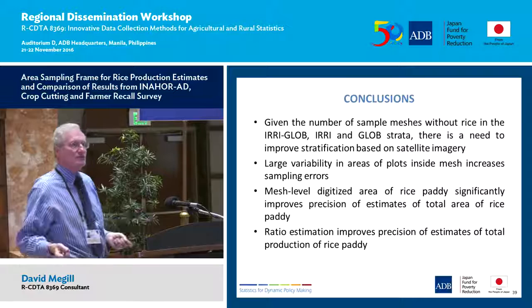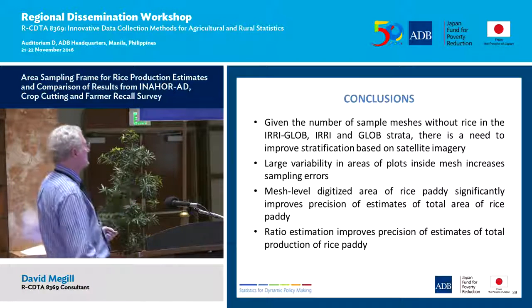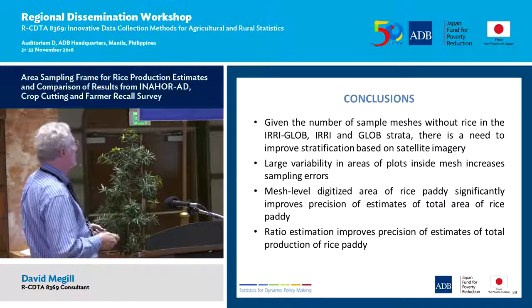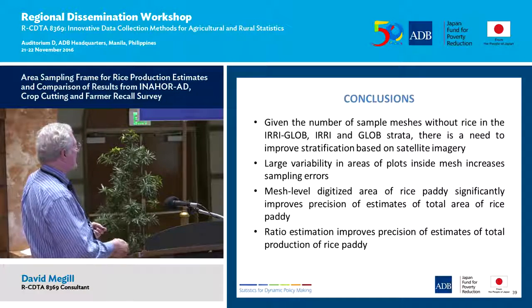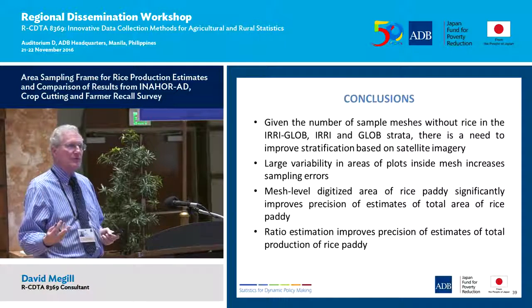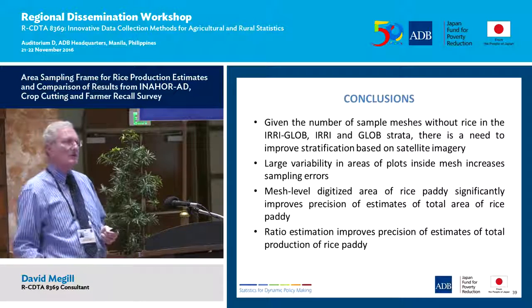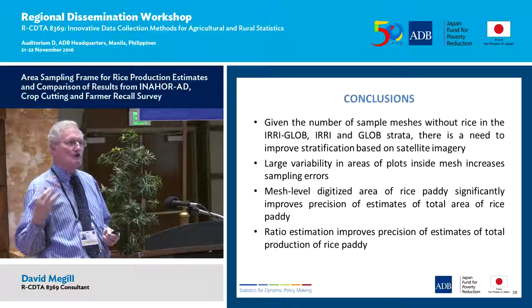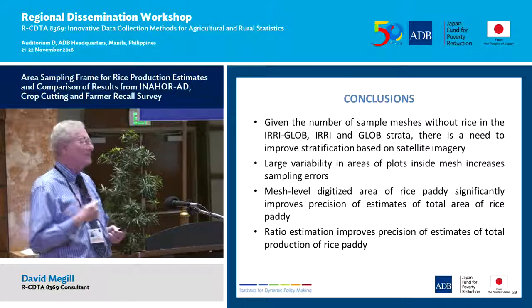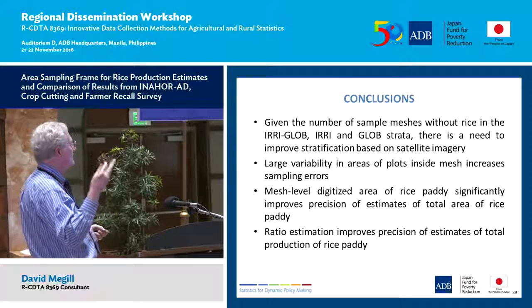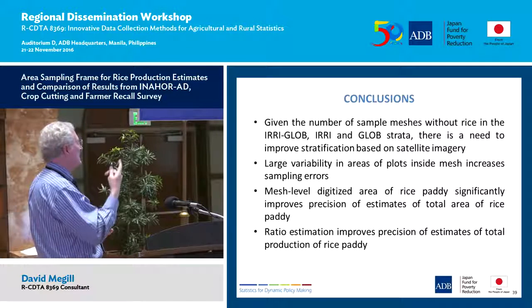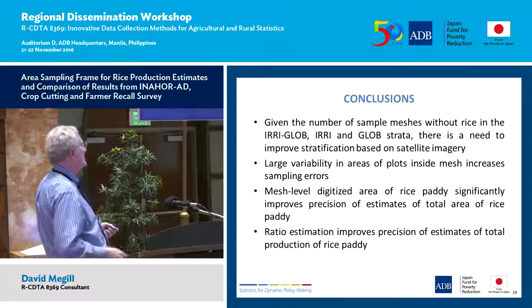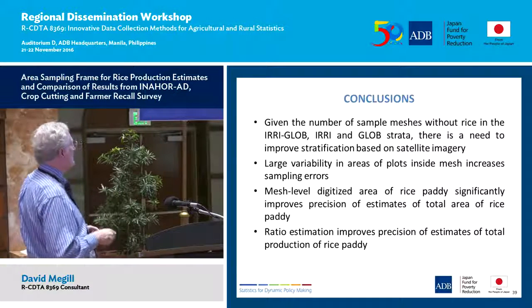So what conclusions do we draw from this study? Now, again, I mentioned that after we did the exercise of looking at which meshes actually had rice growing, we found that a considerable number, even in the Erie Globe stratum where we expected more rice, did not have rice.